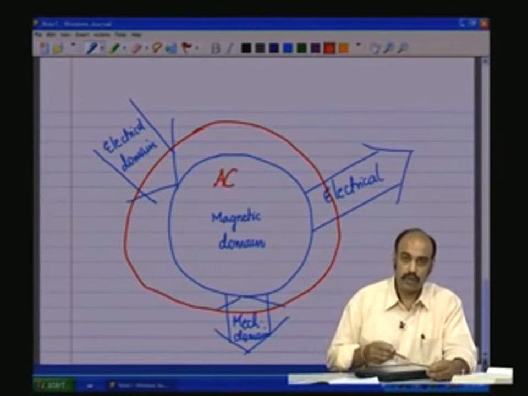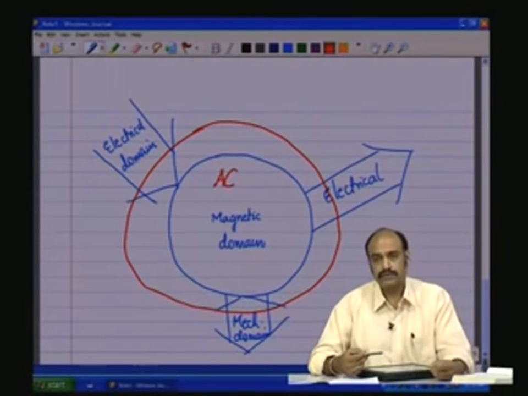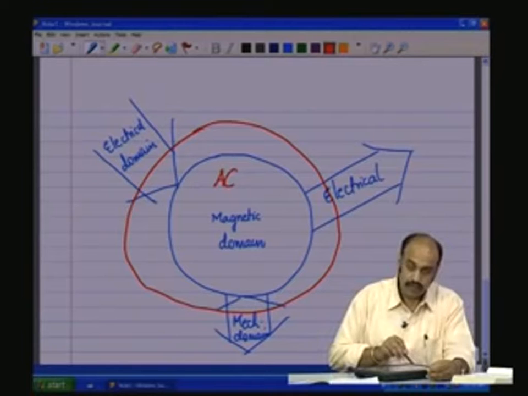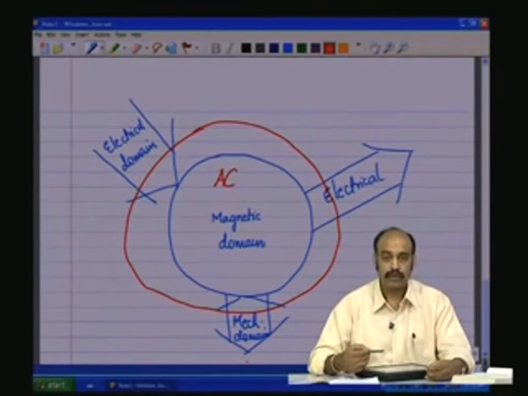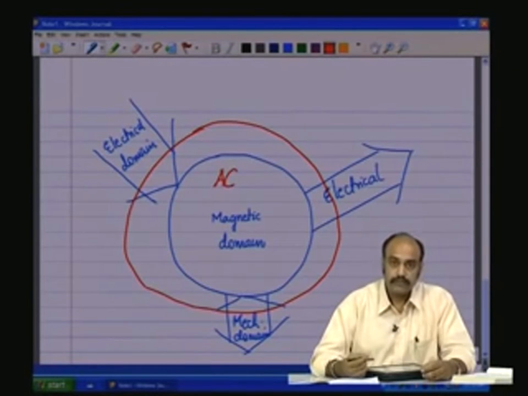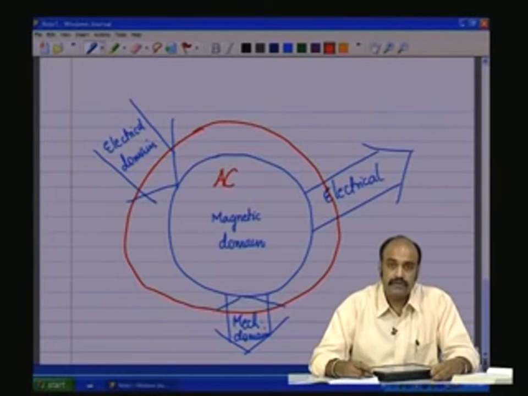In case of the wound rotor, where you have the rotor windings not shorted, taken out to a set of resistors, then you have the input electrical domain and output electrical domain, you also have the mechanical domain, and so on and so forth. Like that you can have many combinations, but all falling into this type of concept.